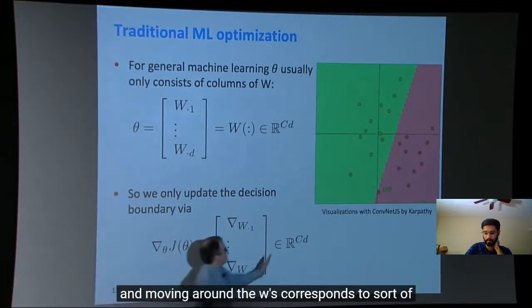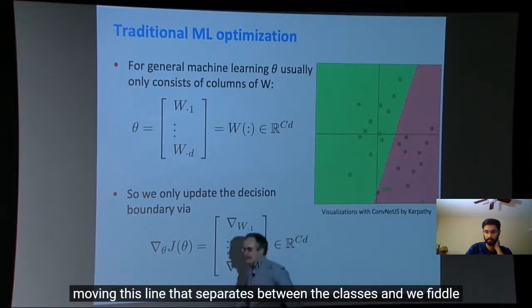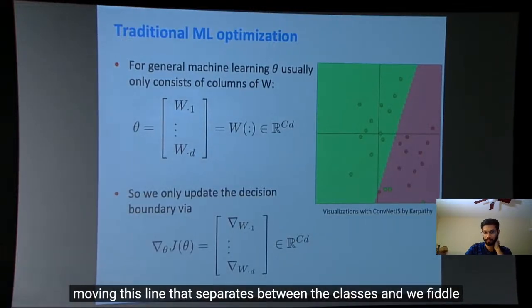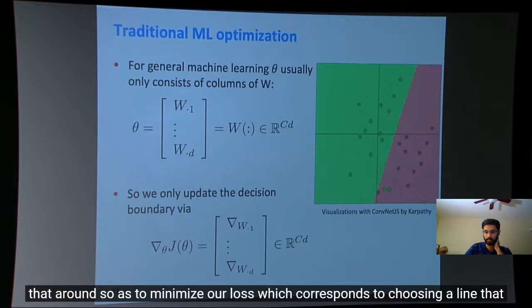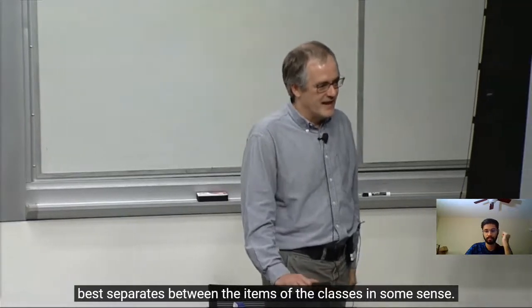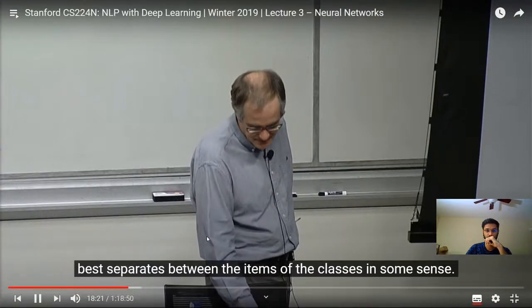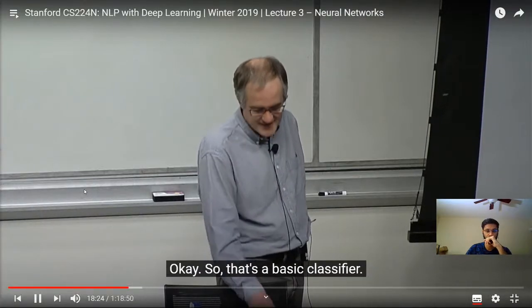Moving around the W's corresponds to moving this line that separates between the classes, and we fiddle that around so as to minimize our loss, which corresponds to choosing a line that best separates between the items of the classes in some sense. Okay, so that's a basic classifier.